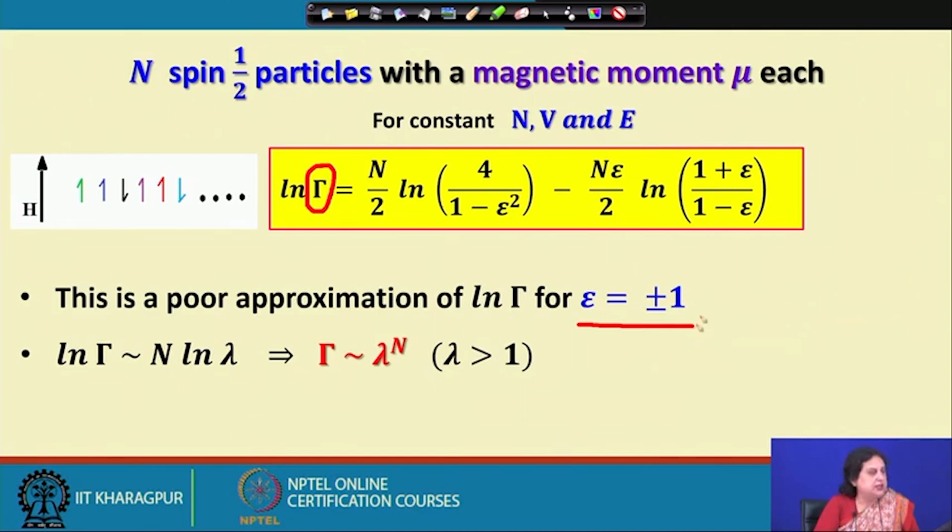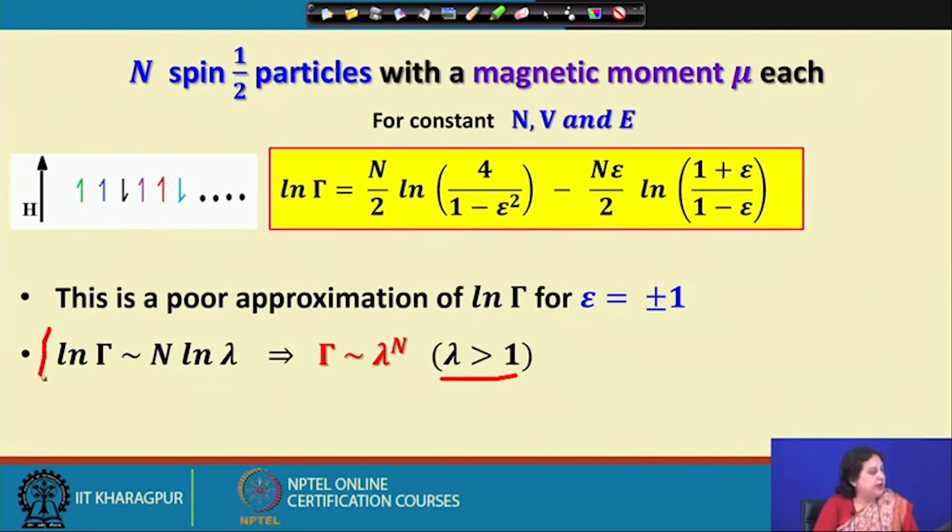So, of course, this relationship is valid when epsilon has a value other than plus 1 or minus 1. Now, when I look at this expression for values of epsilon other than plus minus 1, I understand that I can take capital N out and recast the rest of the terms as ln of lambda, where lambda is a number that is greater than 1.